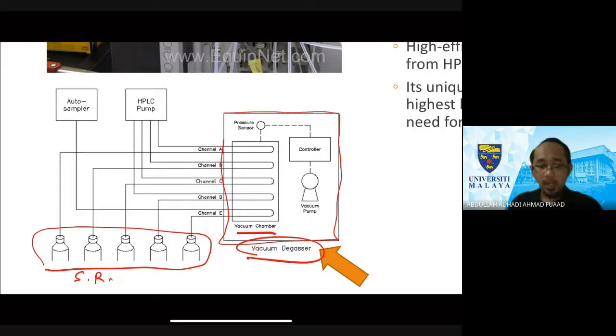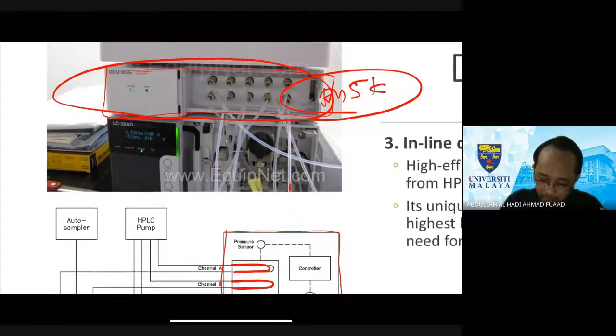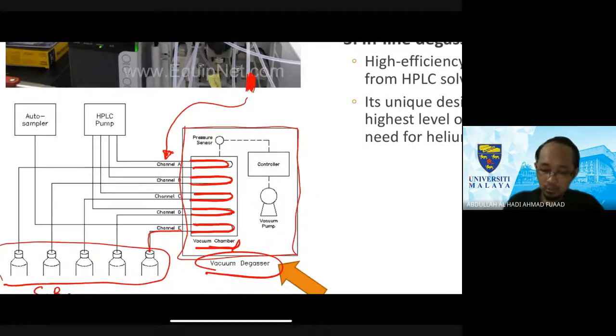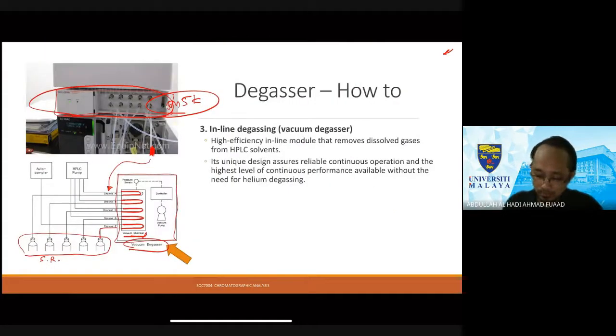Okay, where inside there, you have another vacuum chamber, like a vacuum bag, and you have a different membrane in here. Okay, so these are all membranes. It's not the same type of tubes like this. Okay, so they are different. So this tube, the ones that I'm drawing now, is similar to the ones outside, but everything inside has a different tube. Okay, so we will look at that in a few minutes.